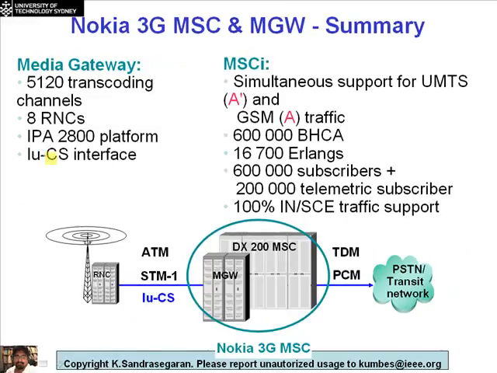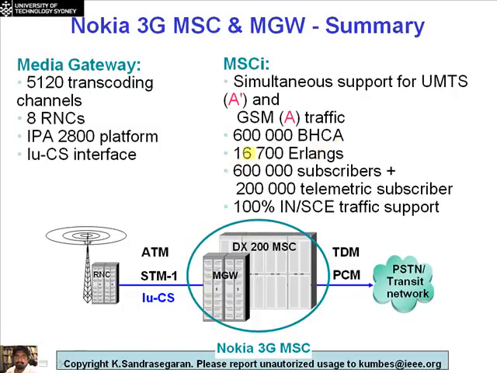Okay, here's an example of what you will typically see when you start working in the industry. For example, here is a Nokia MSC, and some of its specifications are it can handle about 600,000 busy hour capacity.